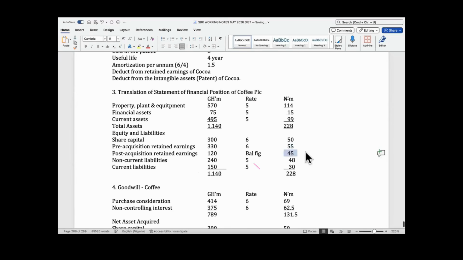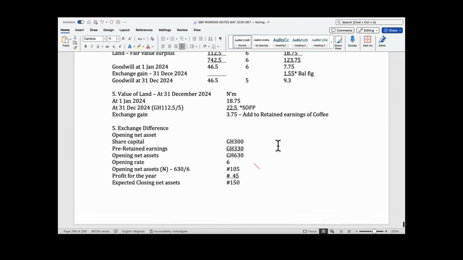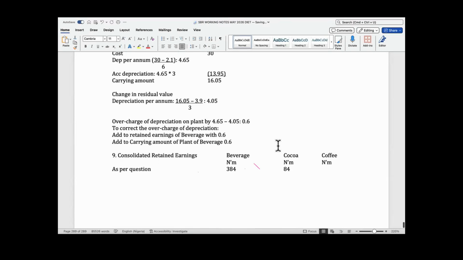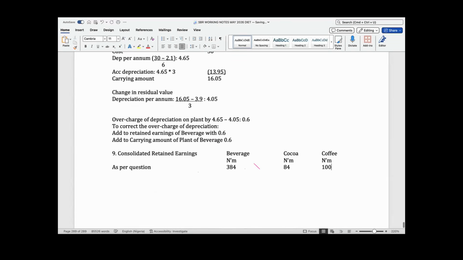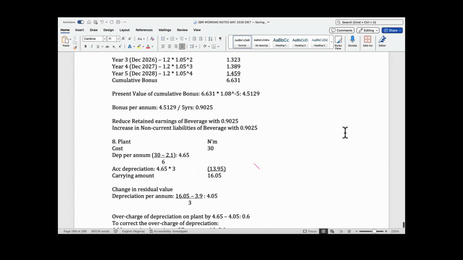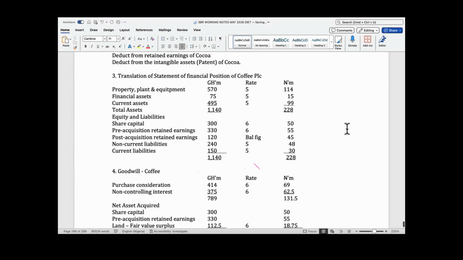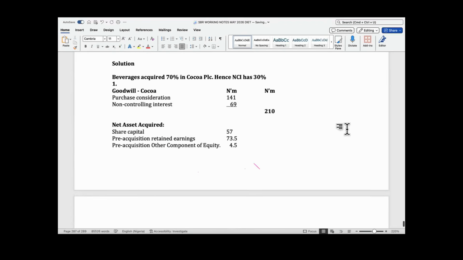55 plus 45, that's 100. I'll deduct the pre-acquisition retained earnings of cocoa, which I can get from the goodwill calculation.